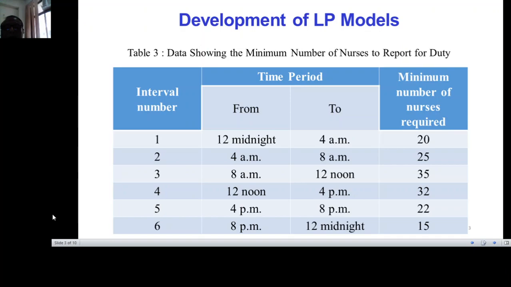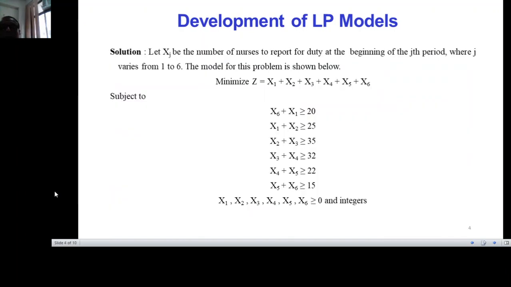So, during all these 6 time slots, the number of nurses required is given, and we say that x1, x2, x3, x4, x5 and x6 are the number of nurses who are reporting for duty at the beginning of the jth period, j equal to 1 to 6. So, we want to minimize the number of nurses.